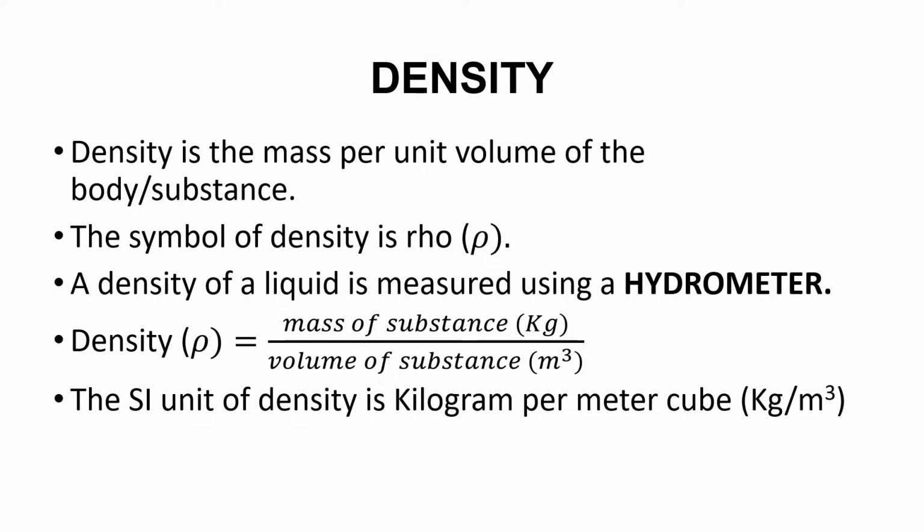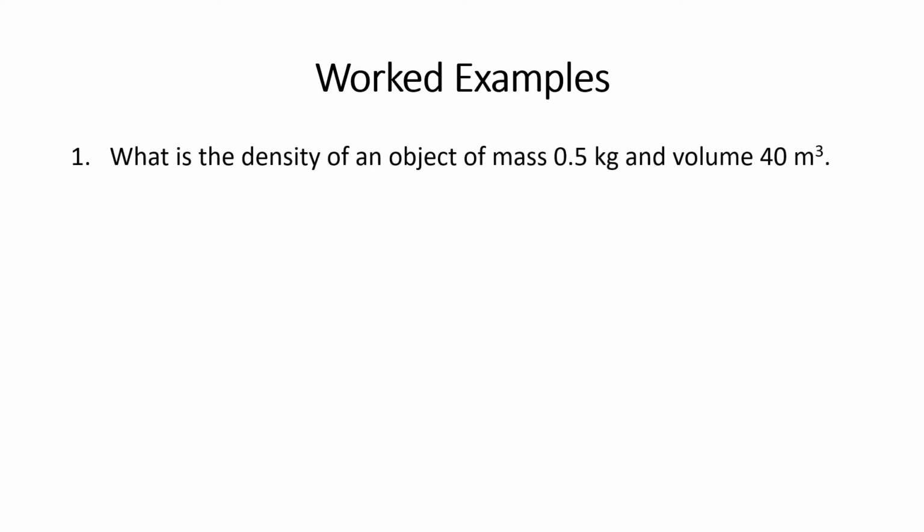Now, we want to look at how we can calculate for density or mass when density is given, or volume when density and mass are also given. So let's look at our first example. Example 1.